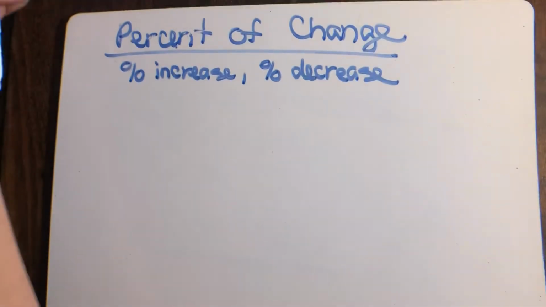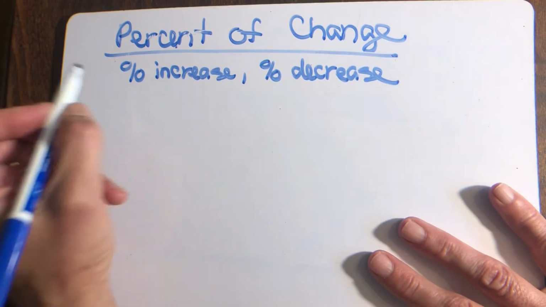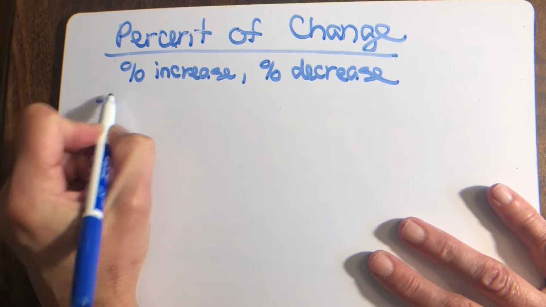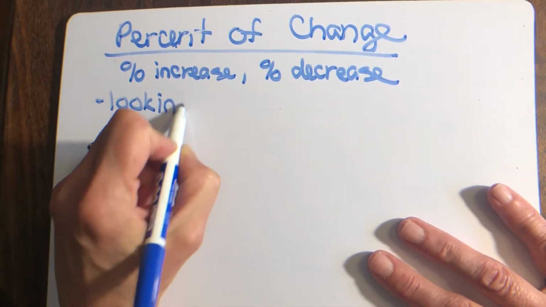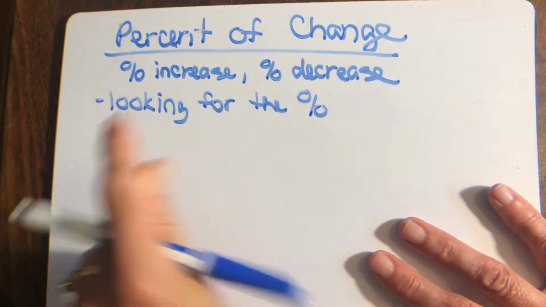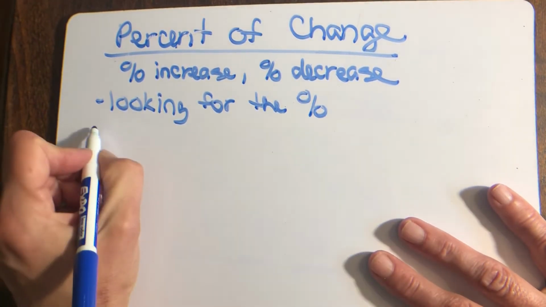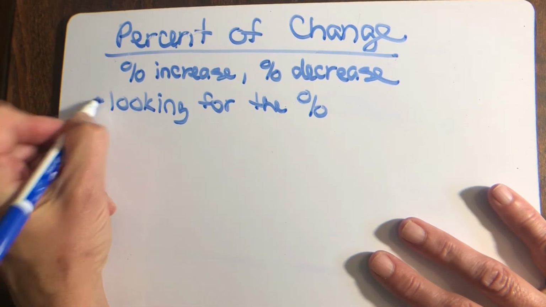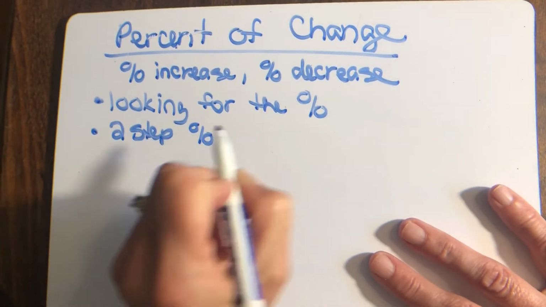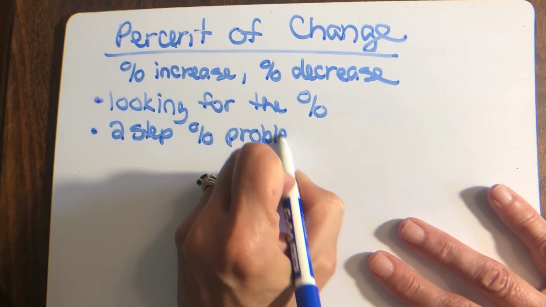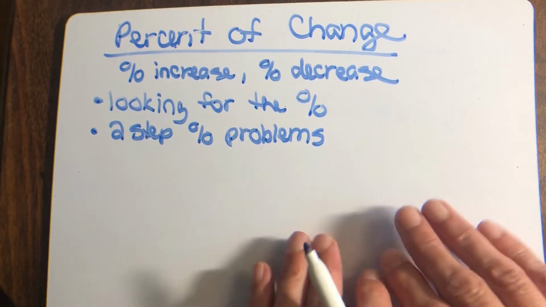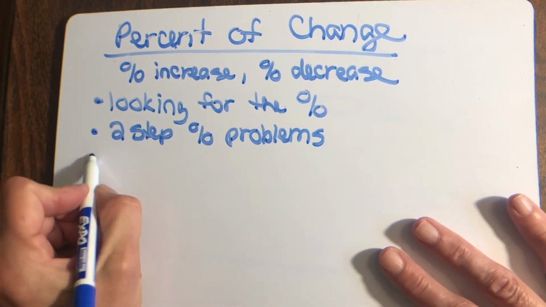So to solve our percent of change problems, let's just take a few notes here, okay? We'll always be looking for the percent. It will be a two-step percent problem, because what you're going to have to do is take your two numbers, your original and your new value, and subtract the two values to figure out your part.